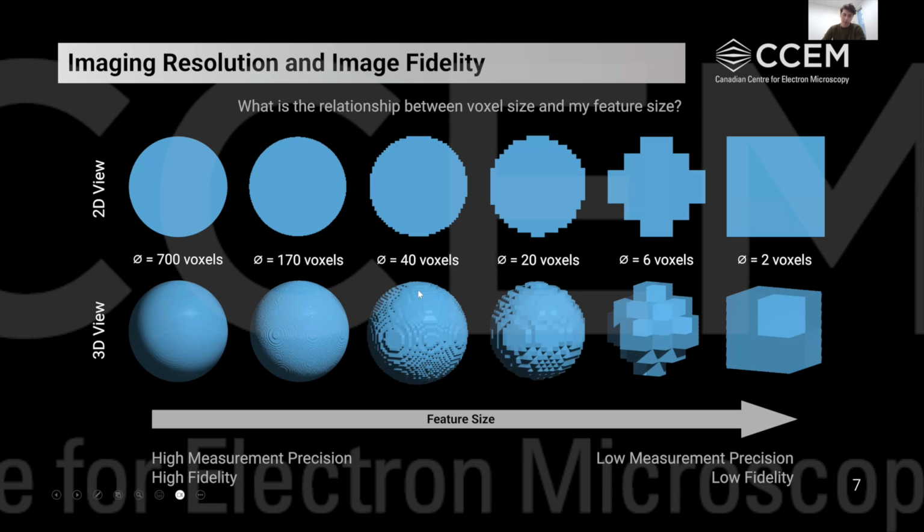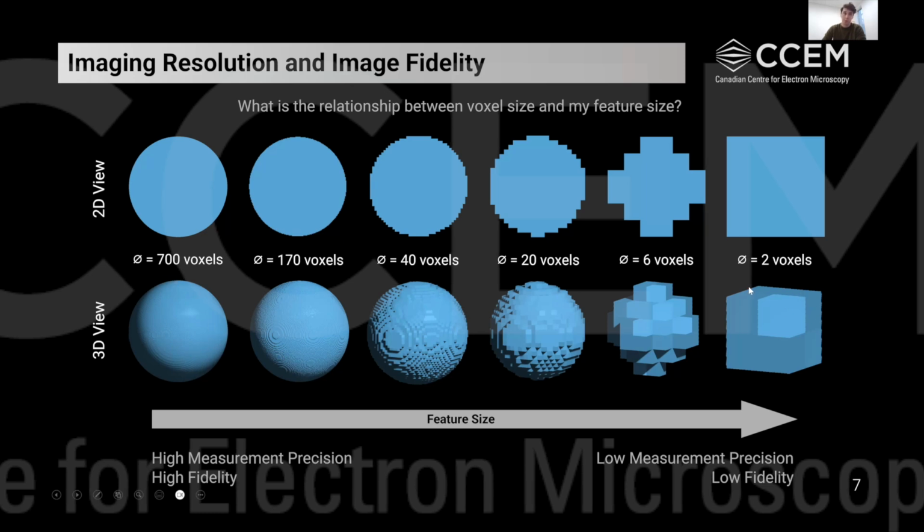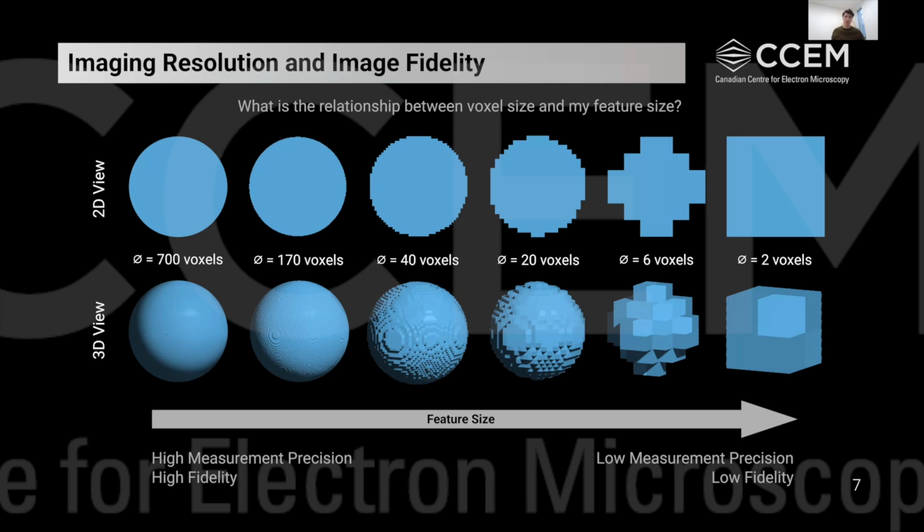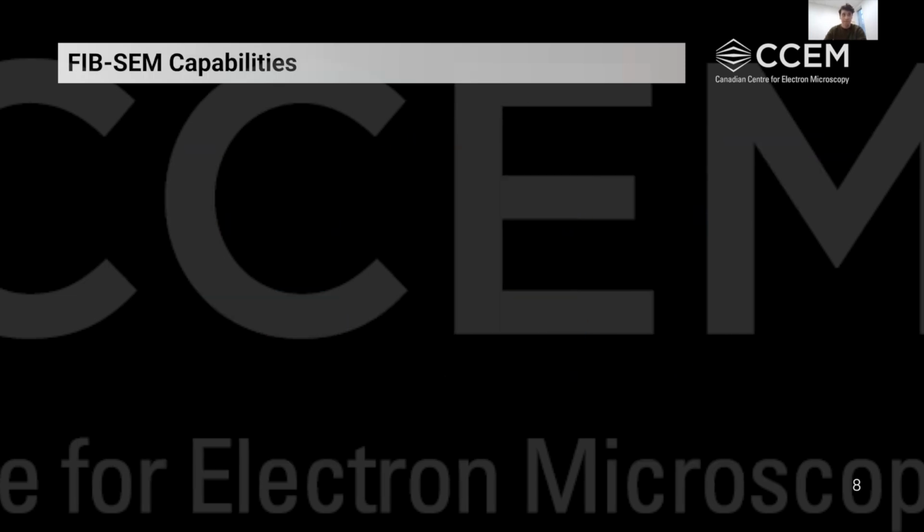Same thing if we're working with voxels on the order of 10 nanometers and our features are 400 nanometers in size, we can work with this. If we're 7 microns in size, we can work with this. But if we're only 20 nanometers in size, our features are going to look like this. So the trade-off between voxel size and feature size is entirely dependent on your sample, and we're happy to help inform that as well if you're able to describe that sample to us.